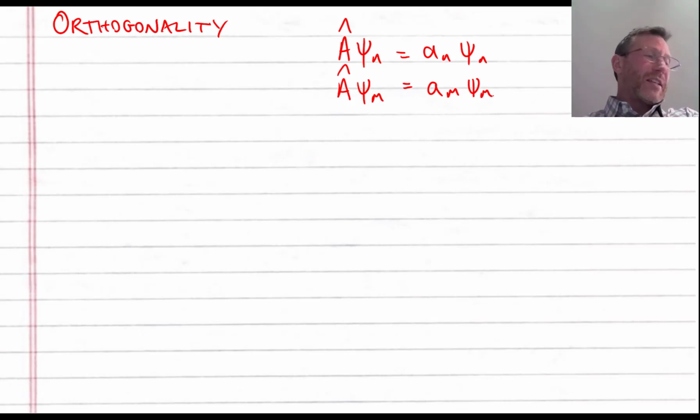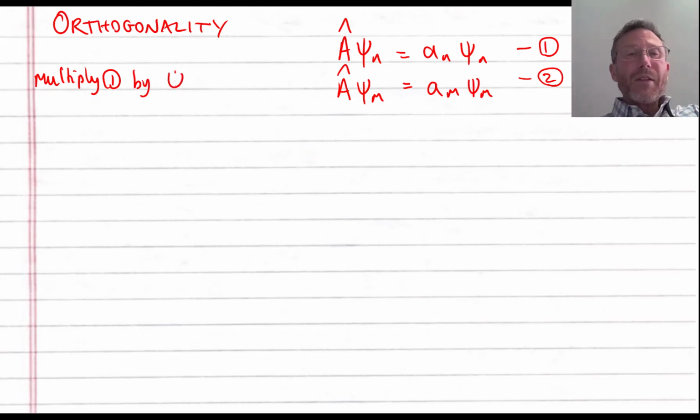Let's call this equation number 1, by the way, and this equation number 2. So these are eigenvalue equations. What we're going to do is multiply number 1 by psi m star, and integrate. And so what do we end up getting?